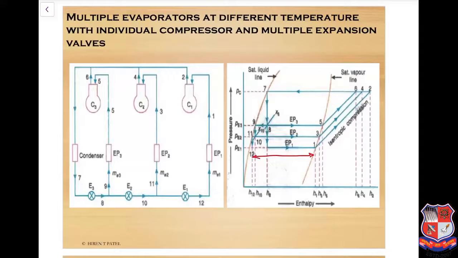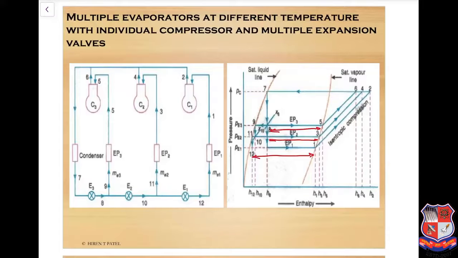So here 12 to 1 is the temperature range for evaporator 1, between 8 to 3 is the temperature range for evaporator 2, and 8 to 5 is for evaporator 3.